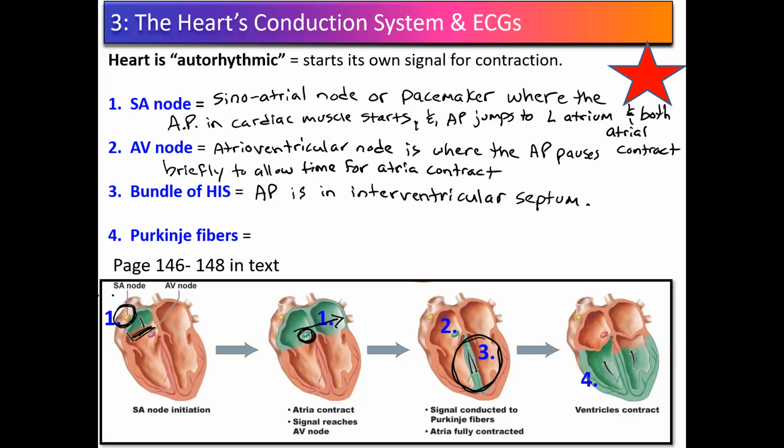And then the last step, step 4, the AP is in the ventricle walls, and they contract simultaneously. So these are the events that are happening, and it's pretty quick when you think about how quick a heartbeat is, all right? Okay.